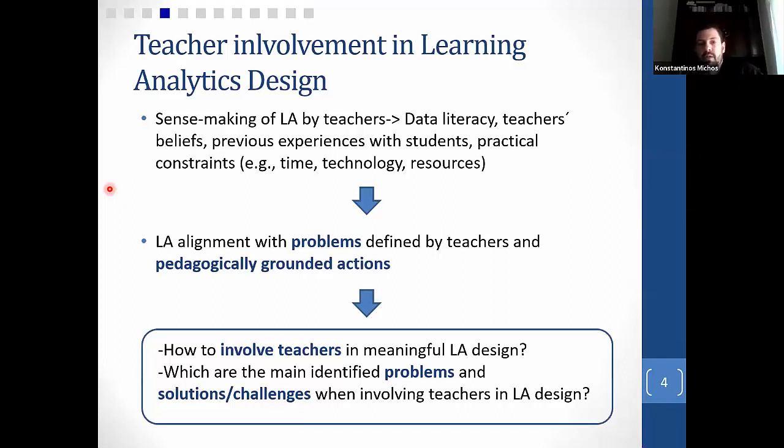These factors relate to the beliefs they have about teaching and learning, their previous experiences with their students, and some practical constraints, for instance, the time they have, the technology they use, or the resources. On the other hand, problems defined by teachers need to be aligned with learning analytics and actions that have some pedagogical grounding.